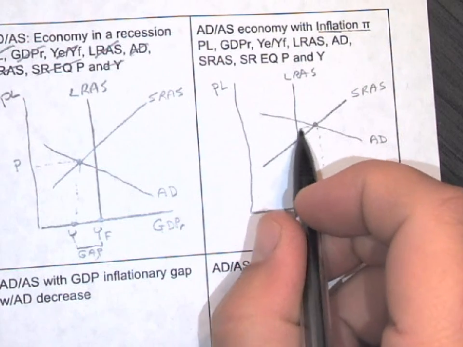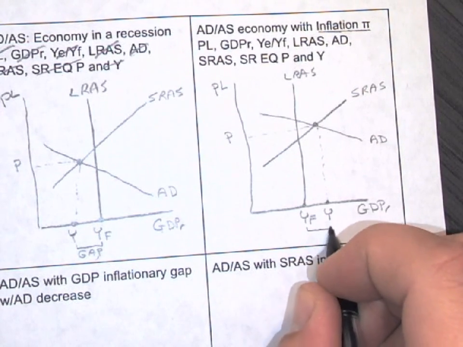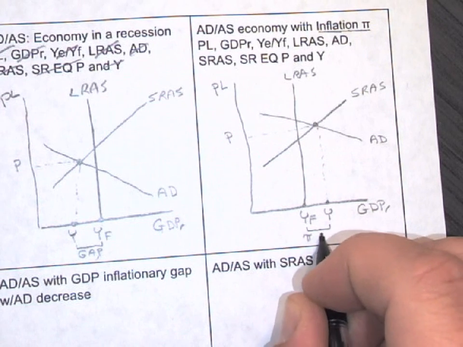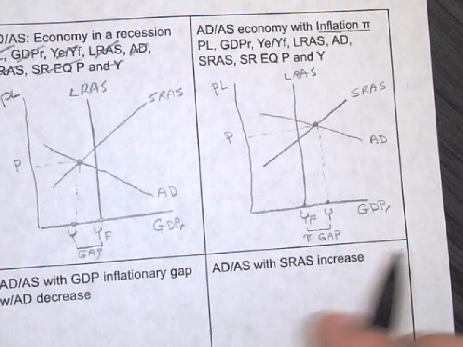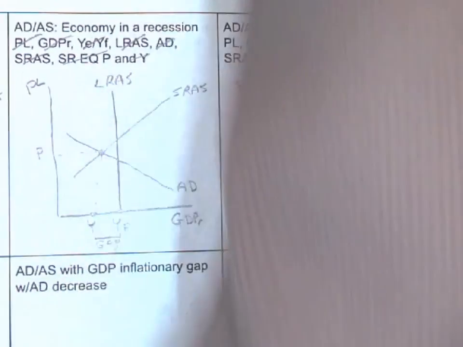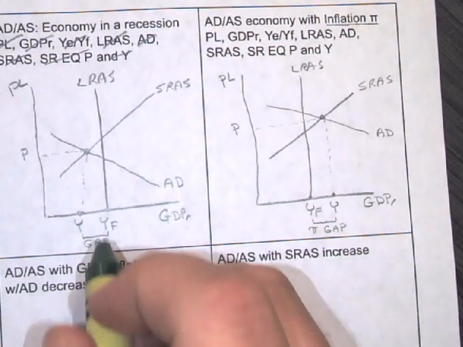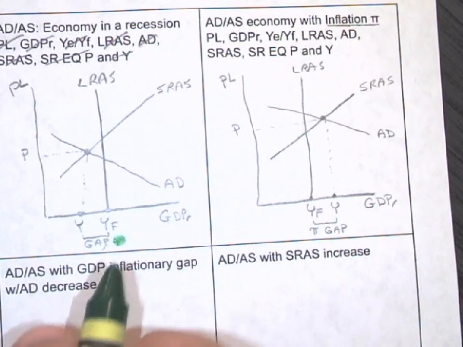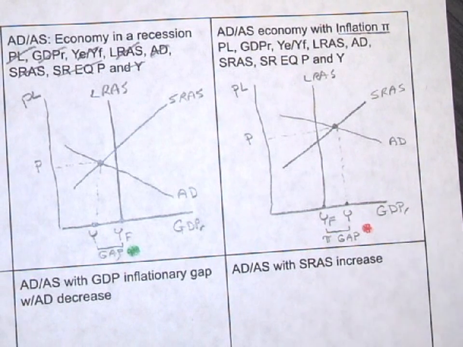We still sit at a short run equilibrium price level, and now we have an inflationary gap. So in order to solve that one, we're going to need something contractionary. Here we think something green, and here we got to think something red to slow it down.